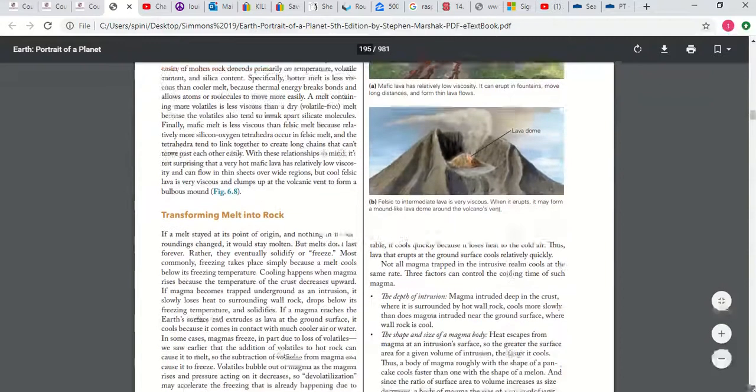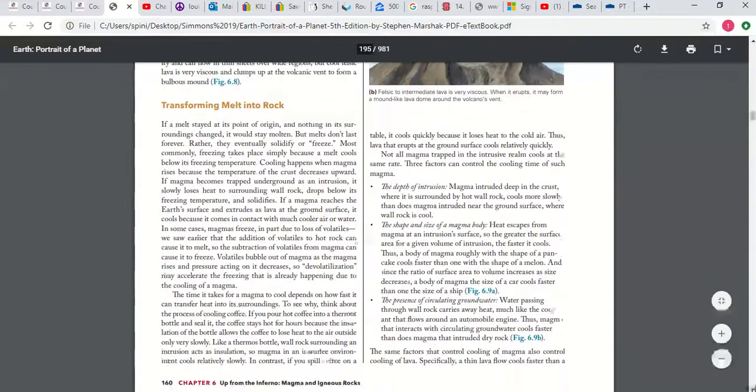So here we're going to transform melt into rock, and again, it has to do with what is in the rock and how hot it is. Obviously, a material that's very hot is probably less viscous than a material that's cooling down, and you've probably seen that with almost anything that's hot: as it cools down, it tends to be more stiff and moves more slowly.